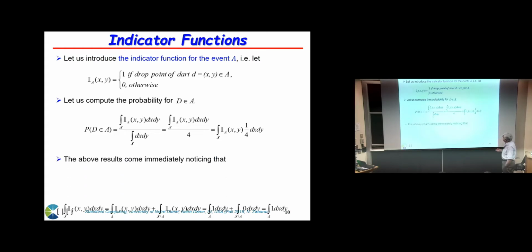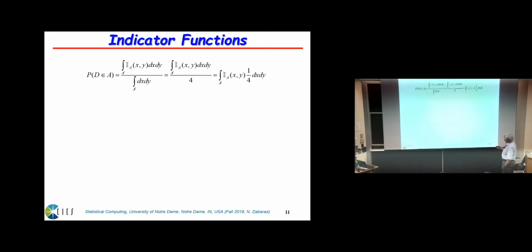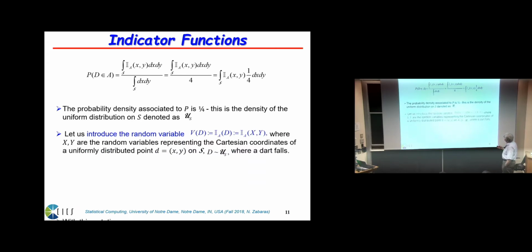So what you're telling me is basically that this probability is nothing else but the expectation of this random variable. I denote this as V here to simplify the notation, under the uniform distribution defined on the square.